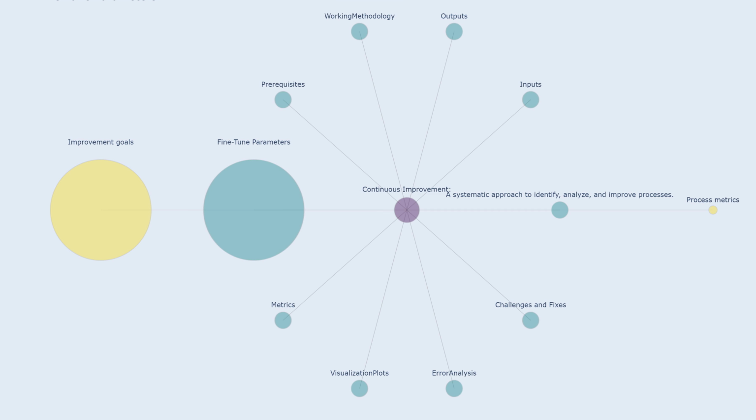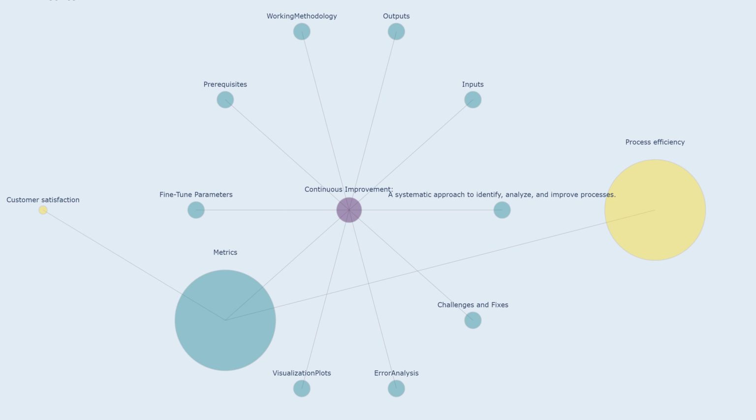Improvement goals: specific, measurable, achievable, relevant, and time-bound objectives that define the desired level of improvement. Setting clear goals provides direction and motivation for improvement efforts and helps track progress towards achieving desired outcomes.